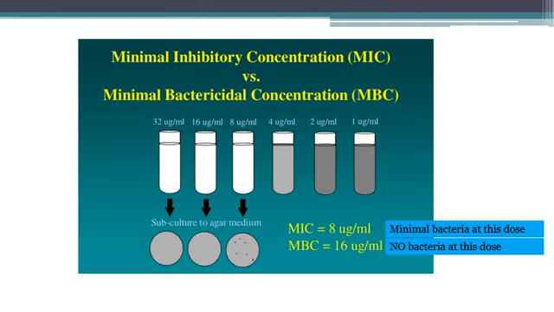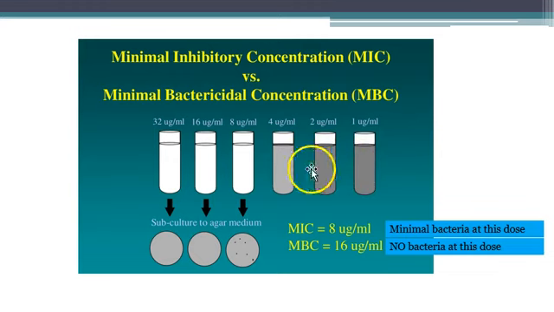So this next picture is a nice diagram comparing and contrasting the MIC versus the MBC. Here are serial dilutions taken from a patient and then spiked with a known concentration of antibiotic. Okay, and so you can see at 1 microgram per ml and 2 micrograms per ml and up to 4 micrograms per ml, we can still see some bacteria.